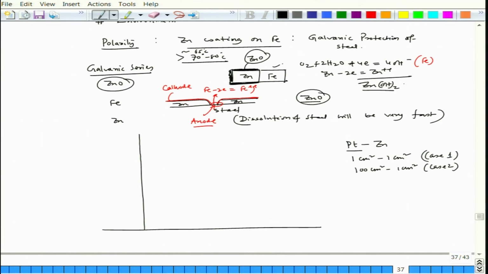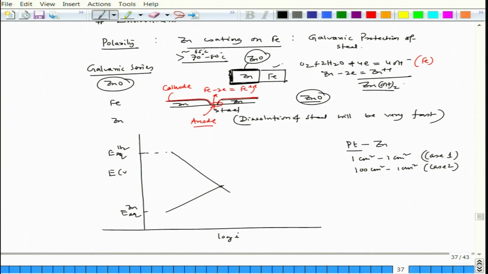Now, when it is 1 centimeter square, this is volt, and let us say zinc, this is E equilibrium, instead of E naught, let me put E equilibrium, which is decided by the zinc double layer zinc concentration. Now, here this is log I. So, we have hydrogen here; this is E equilibrium hydrogen, this is E equilibrium zinc. Fine.